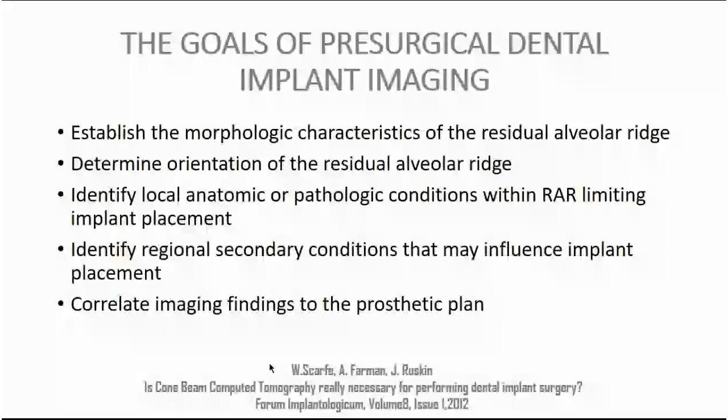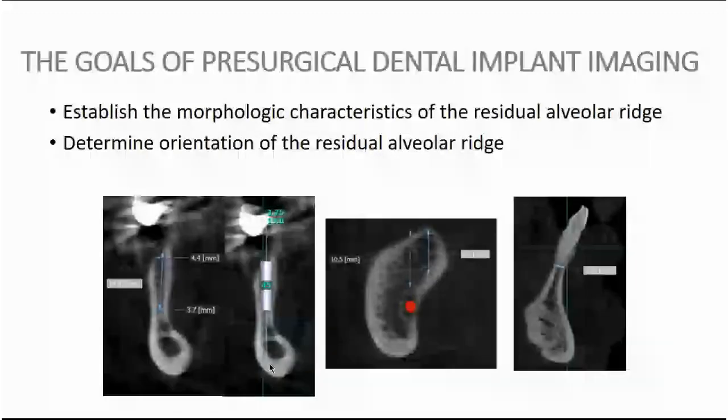Also, it is necessary to talk a little bit about the goals of pre-surgical dental implant imaging, and you can see the 5 items here, and we will talk about every one of them a little bit more. So the first 2 goals are to establish the morphological characteristics of the residual alveolar ridge, and also to establish the orientation.